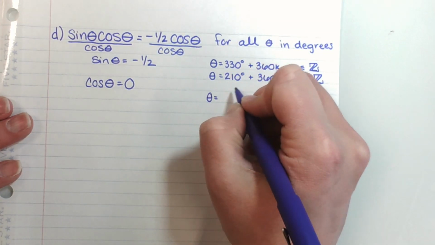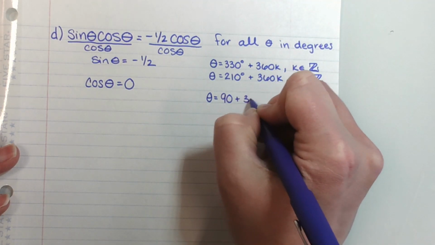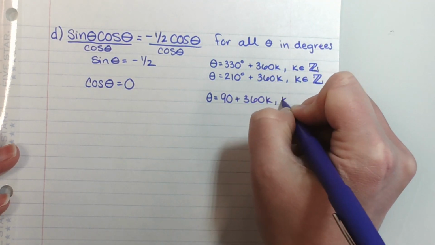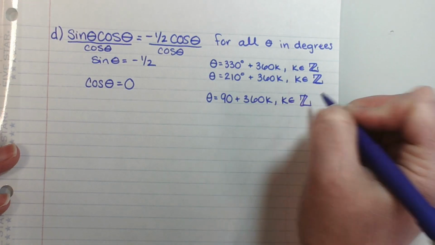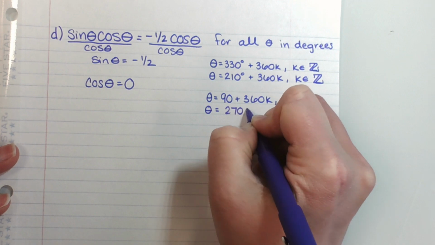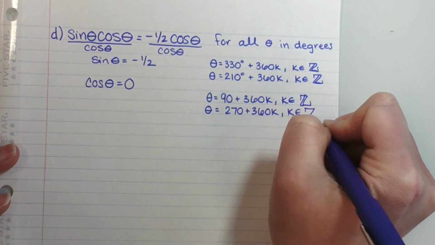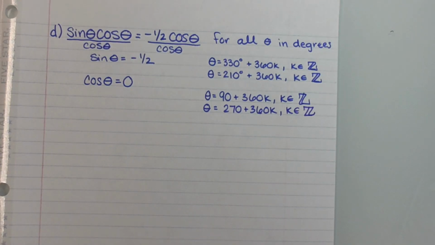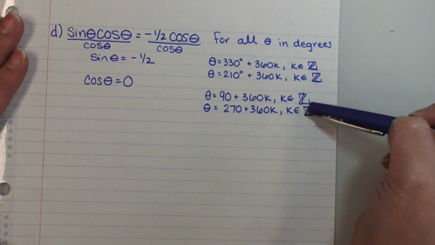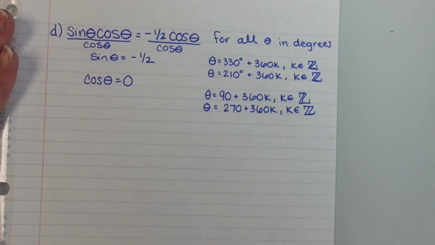Which means theta is equal to 90 plus 360k, where k is an integer. And theta is equal to 270 plus 360k, where k is an integer, is also a set of solutions. Yes, these two solutions could be simplified down because they're half a circle apart.